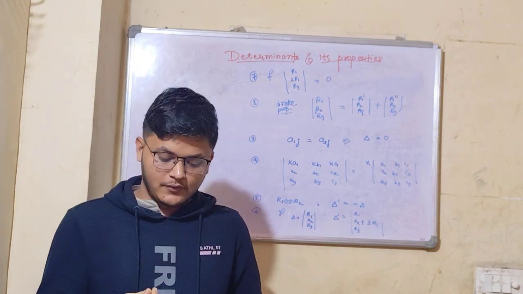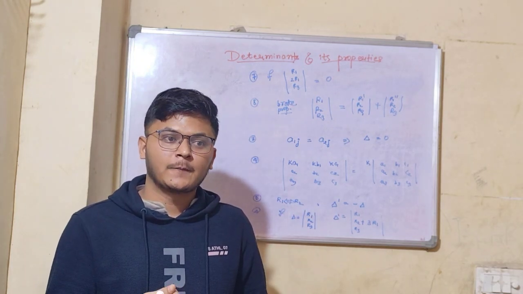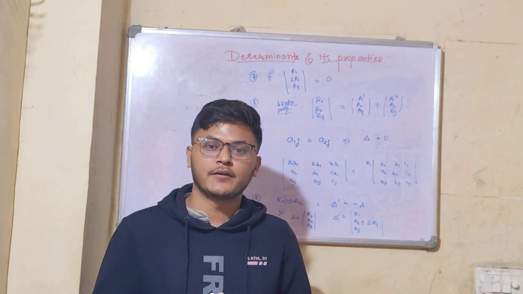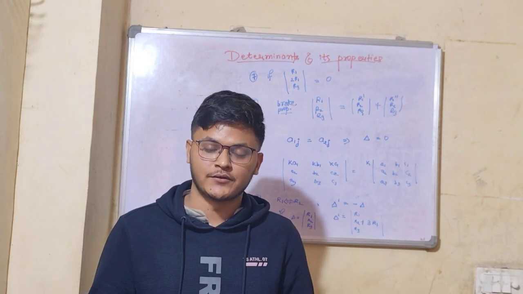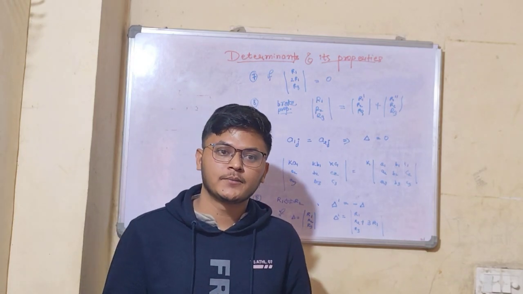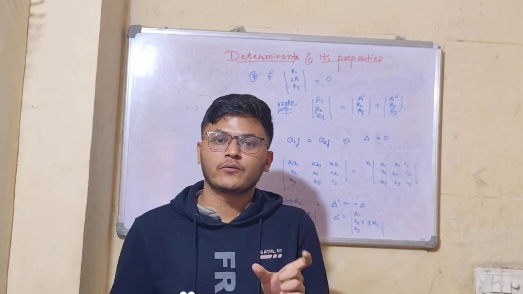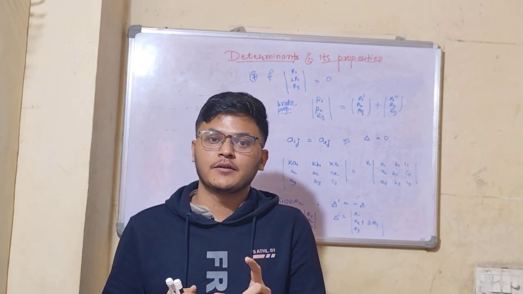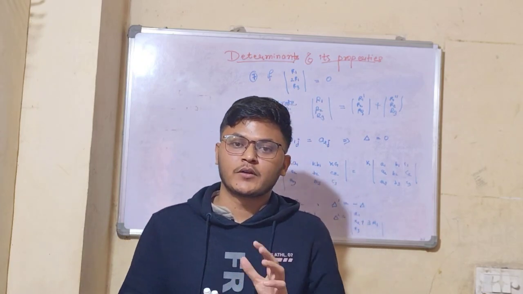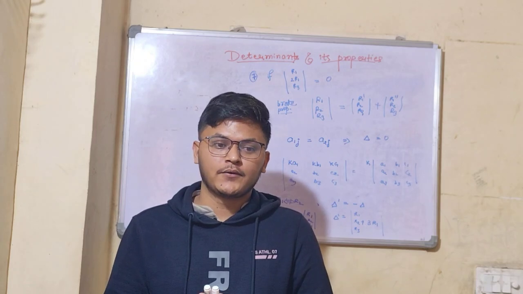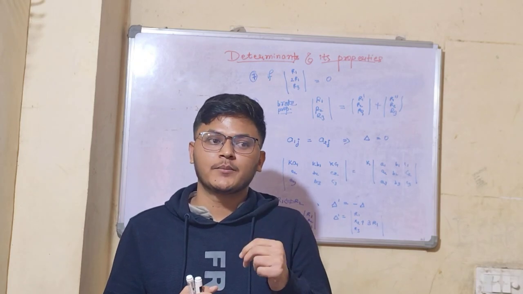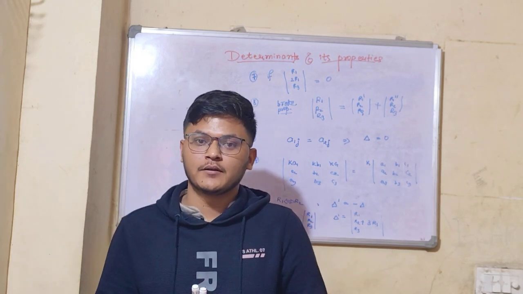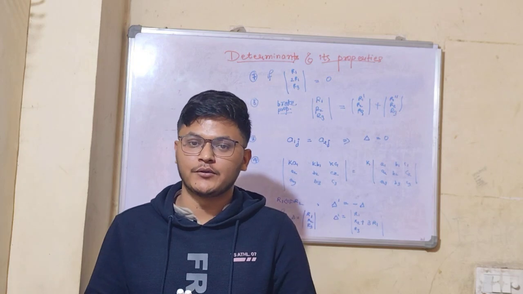What are they? First, if we interchange the rows and columns of a determinant, then the value of the determinant will be unchanged. Second, if all the values of one of the rows or one of the columns are 0, then the value of the determinant will be 0. Third, if two rows or two columns have similar values in them, then the value of the determinant will be 0.